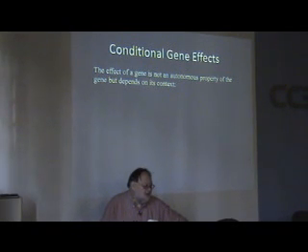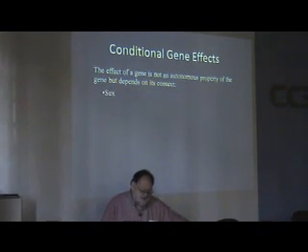And there can be a wide range of variation in the severity of multiple sclerosis, even from the same allele. This is due to contextual effects, the context changing the effect of the gene. So even a severe disease seen as monogenic can actually have a polygenic basis and be affected by epistasis. The effect of a gene is not an autonomous property of the gene, but depends on its context.